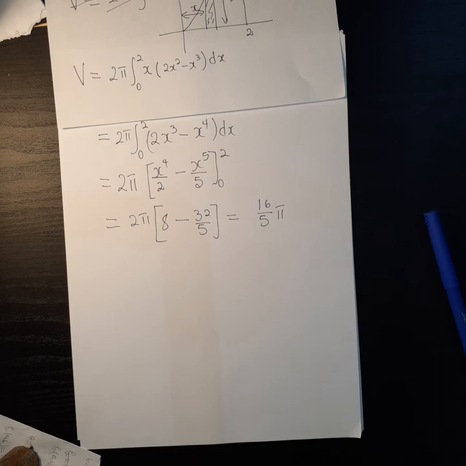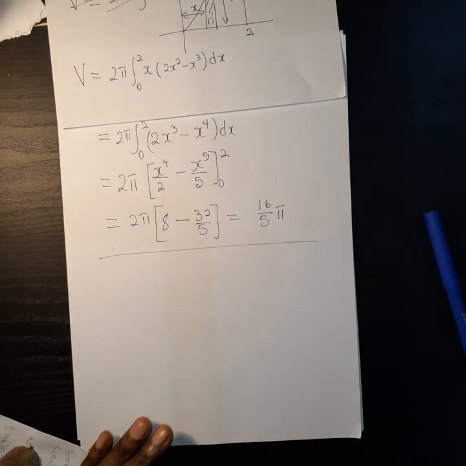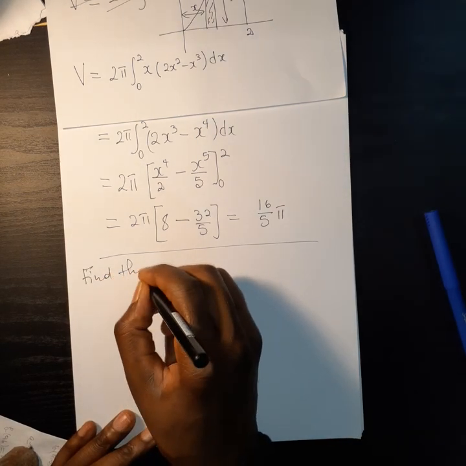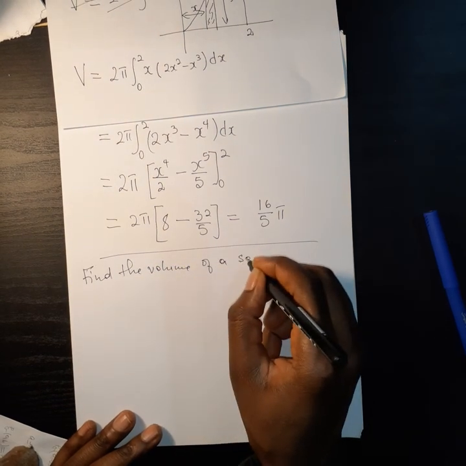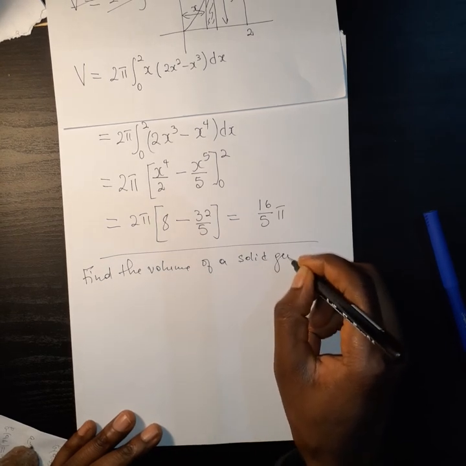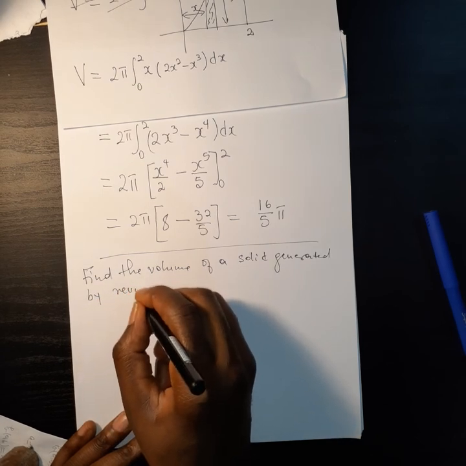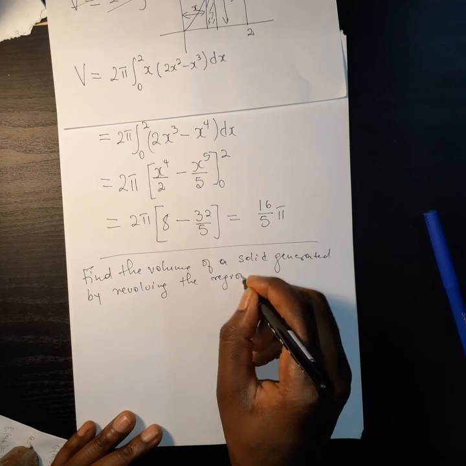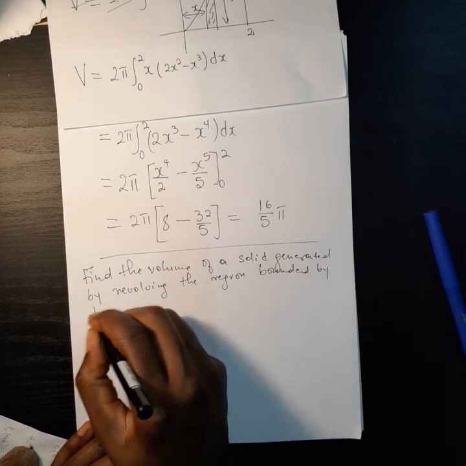So the next example says we should find the volume of a solid generated by revolving the region bounded by the graph.